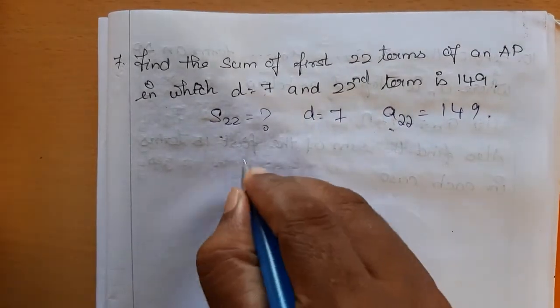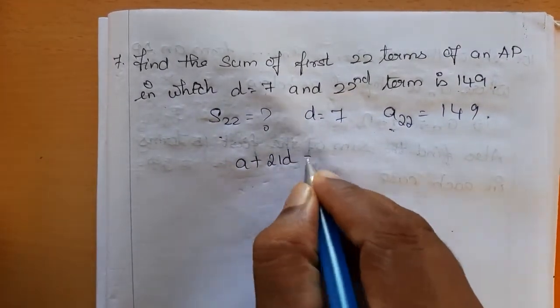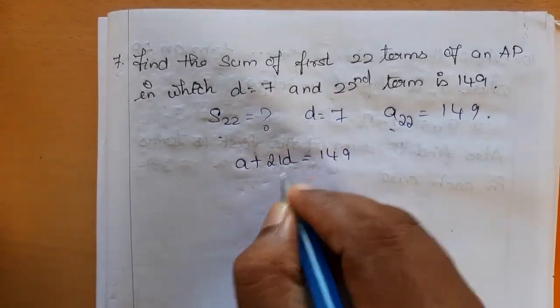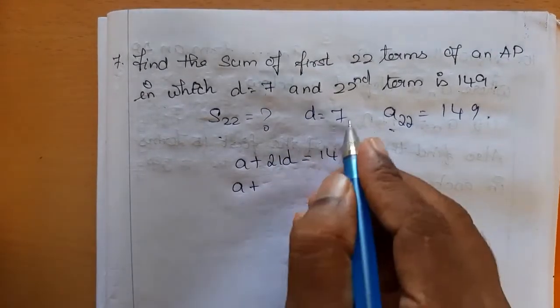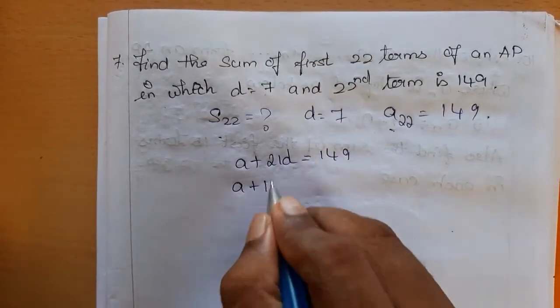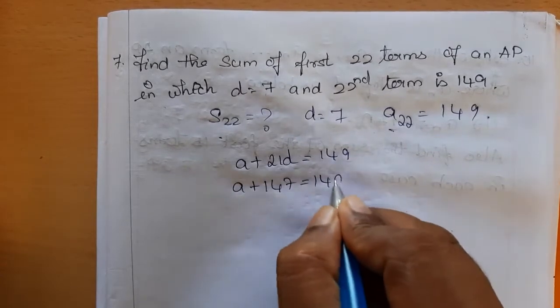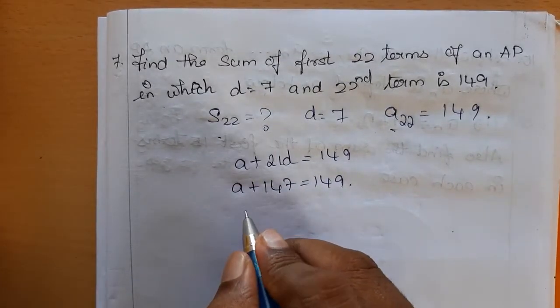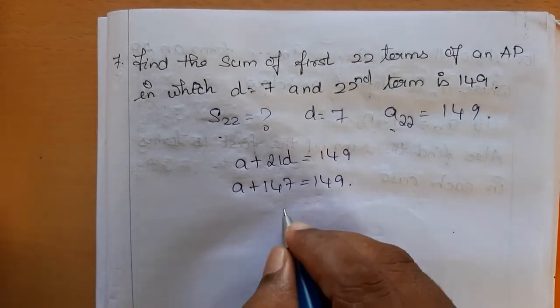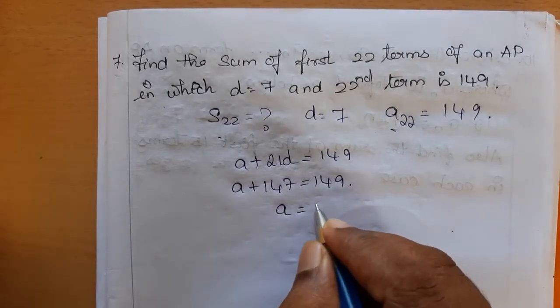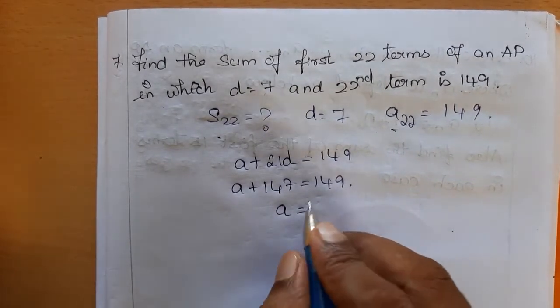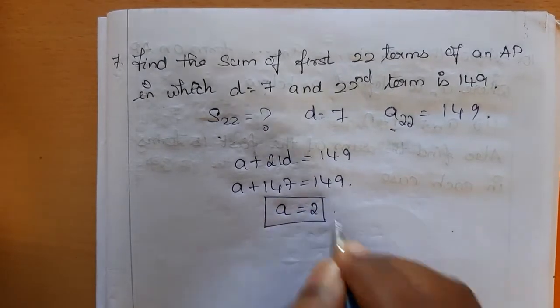So a22 can be written as a plus 21d is equal to 149. If we substitute d here, a plus 21 into 7 is 147, is equal to 149, right? If you bring this side, it will be subtraction. So a is equal to 149 minus 147, which is 2. So the value of a is equal to 2.